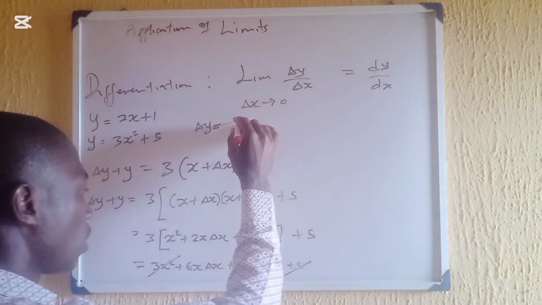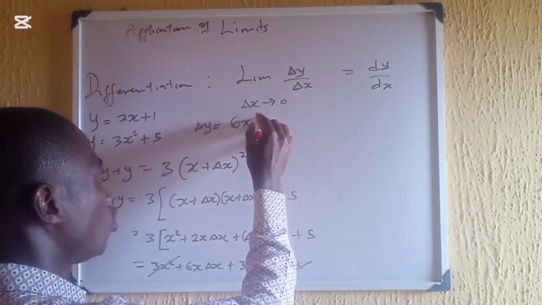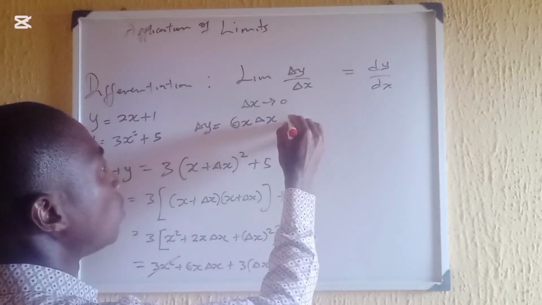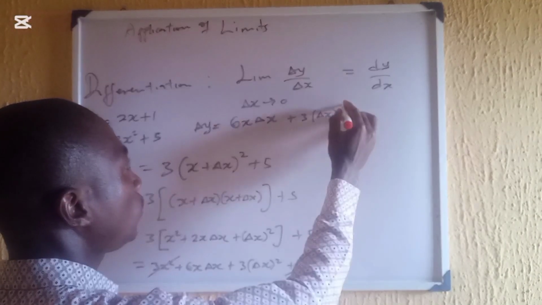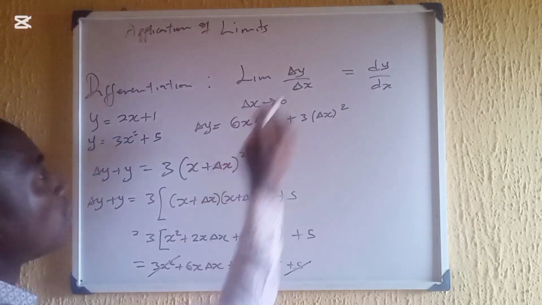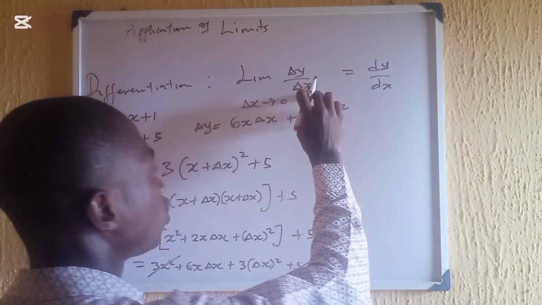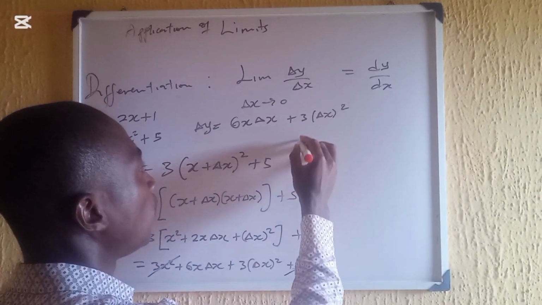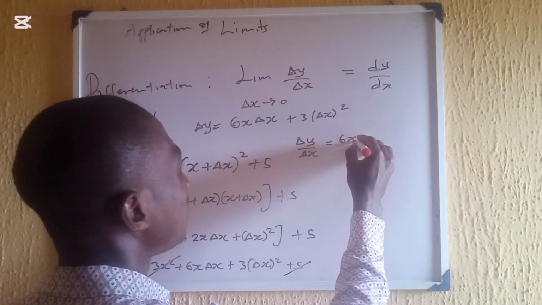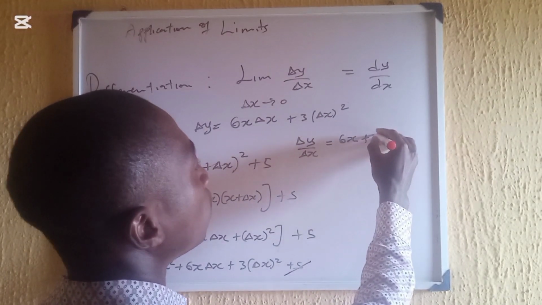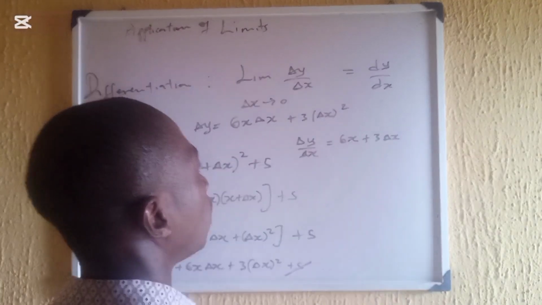So change in y is equal to 6x change in x plus 3 change in x squared. Now we are looking for change in y over change in x. That's the function we are looking for. So we're having that change in y over change in x is equal to 6x plus 3 change in x.